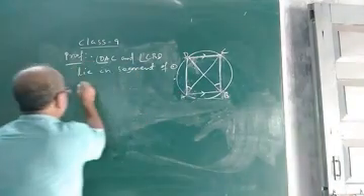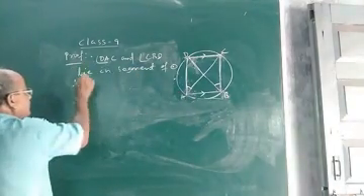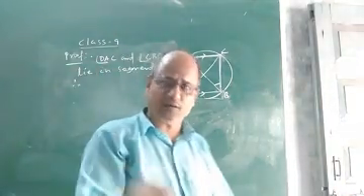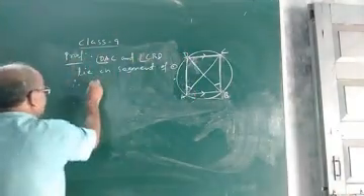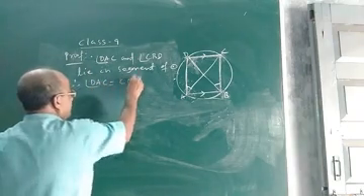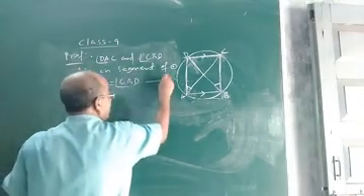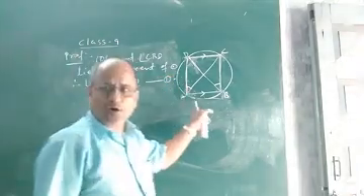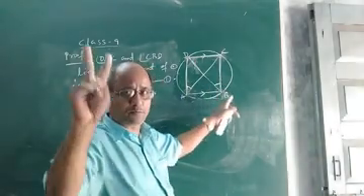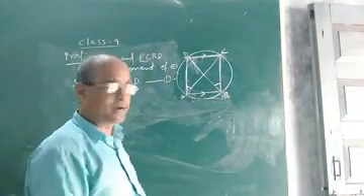Therefore they will be equal, because we know angles lying on the same segment of a circle are equal. So angle DAC will be equal to angle CBD. Now we have got the equality of one matching part of the two triangles. Now we have to find two more.